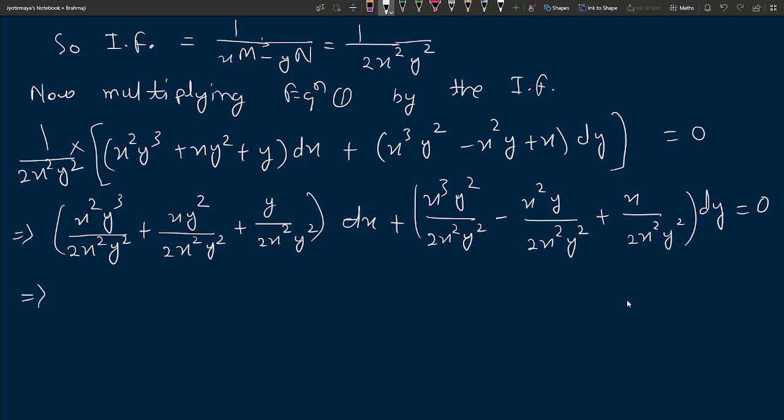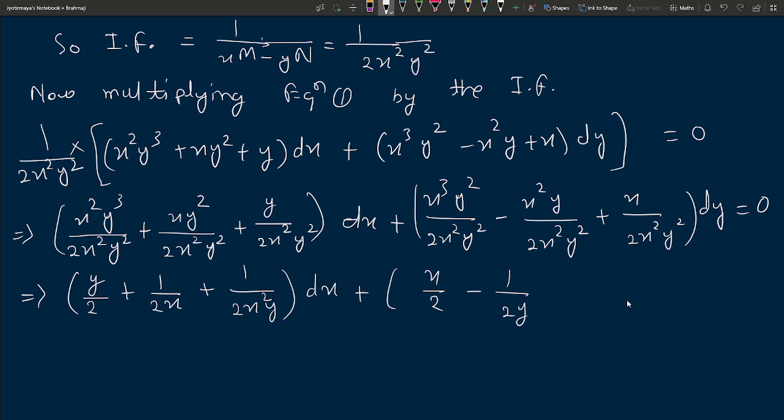Now see, x square cancels, y square cancels: you have y by 2 plus 1 by 2x plus 1 by 2x square y, whole into dx, plus x by 2 minus 1 by 2y plus 1 by 2xy square into dy equal to 0.